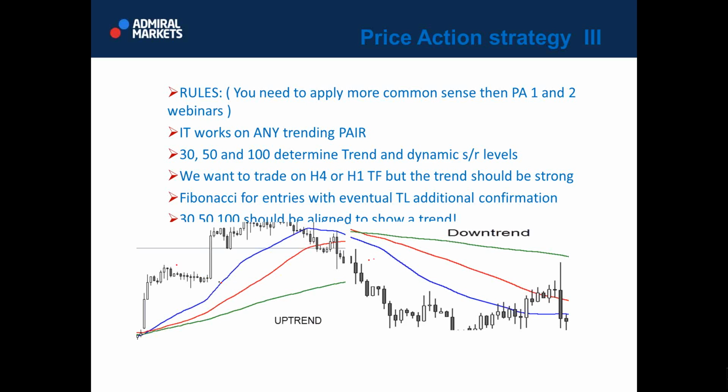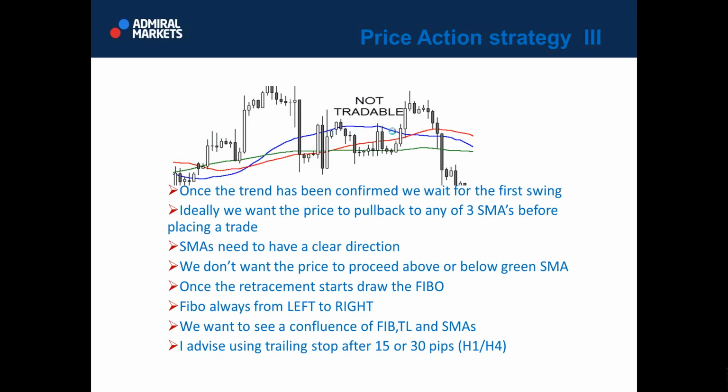So, with that said, we move to non-tradable market conditions. This is when market conditions are not tradable. If you see SMAs like this, you know that market conditions are not tradable.